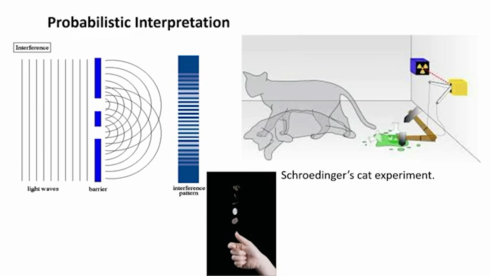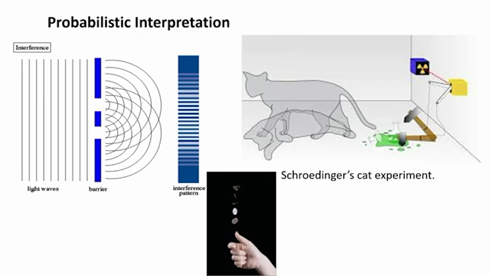And it is important that we keep it that way in order to have the probability interpretation persisting. But it is also important that once the measurement is made, that is, the coin lands either on the palm or on the ground, you are sure that it is either head or tail.